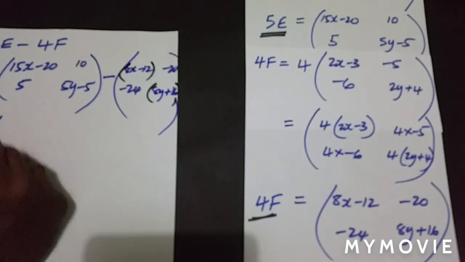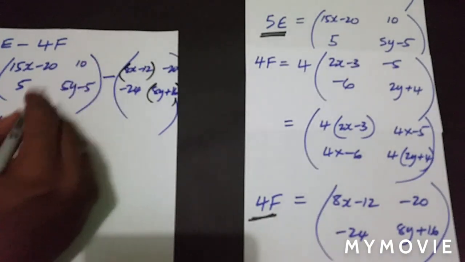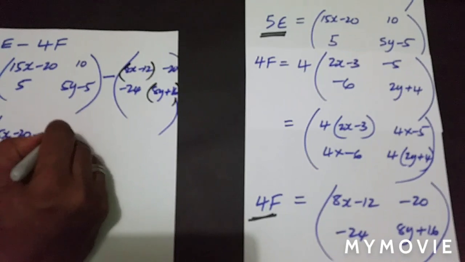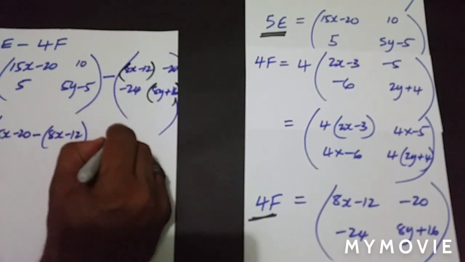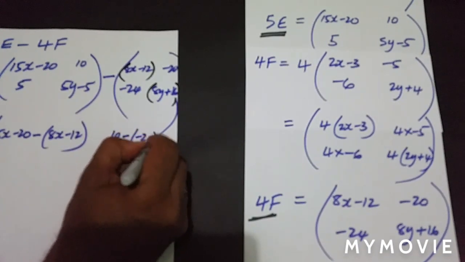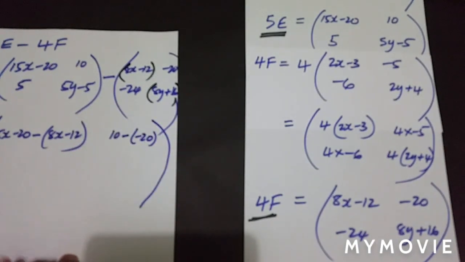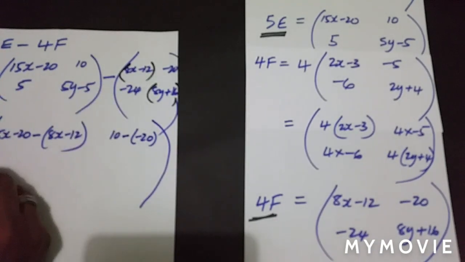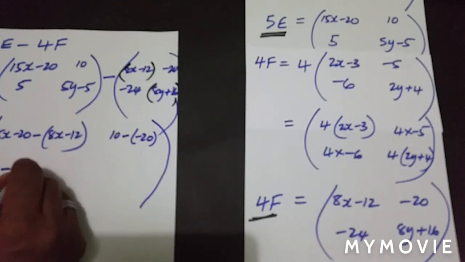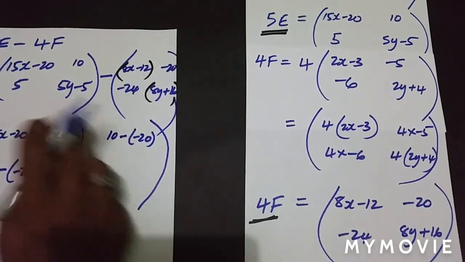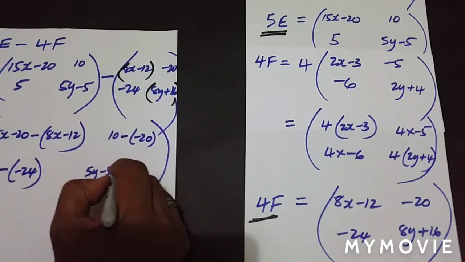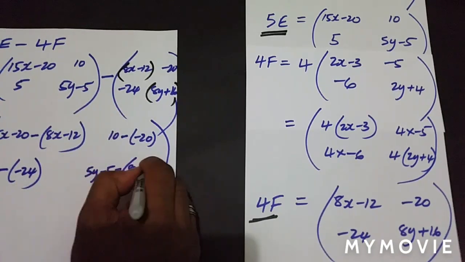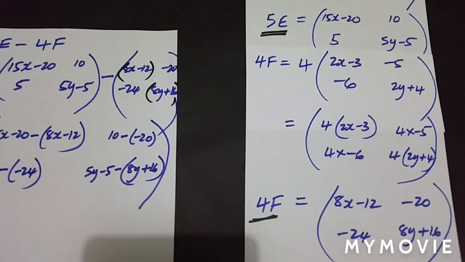So what we would have is 15x minus 20 minus 8x minus 12, and then 10 minus negative 20. All right. And then here 5 minus negative 24, and then now 5y minus 5 minus, open bracket, 8y plus 16, close bracket.